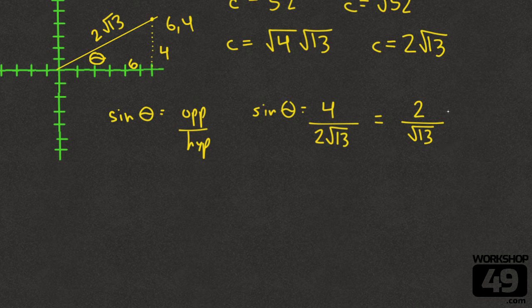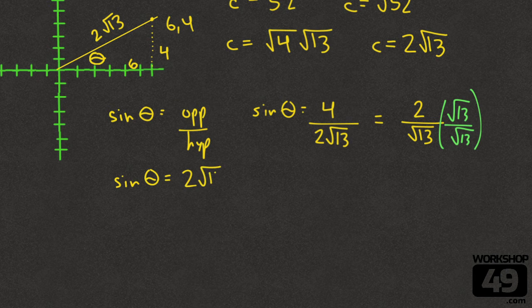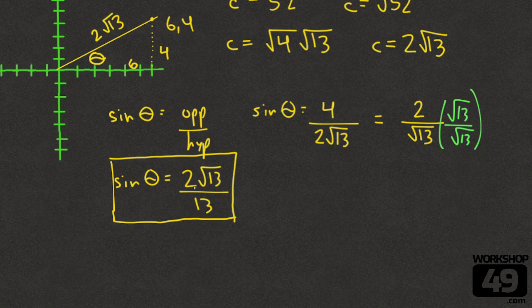To get rid of that root 13 on the bottom, we are going to have to multiply both the top and the bottom by root 13, which means that our final answer is going to be sine of theta is equal to 2 root 13 over 13. Box our answer. We got the first one, and that can't be simplified any further. 2 over 13 doesn't reduce, root 13 doesn't reduce. This one is now complete.